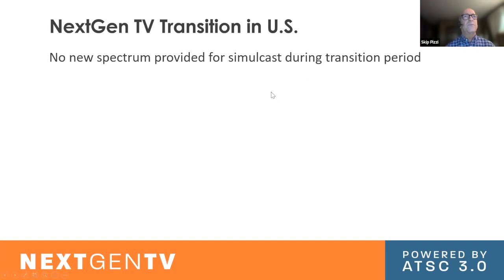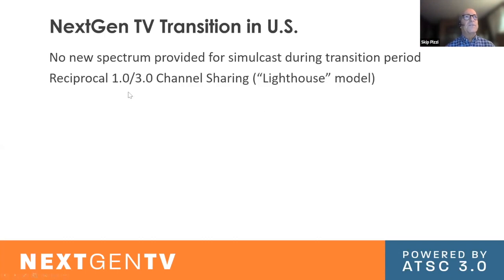So the way it's being done is through a sort of channel sharing across every market. And you've heard the so-called reciprocal sharing. The lighthouse is the term used most often to encapsulate this idea. I'll show you a little graphic that'll help explain that a little bit.